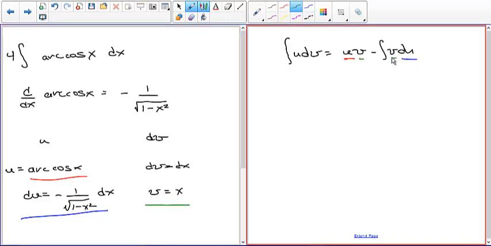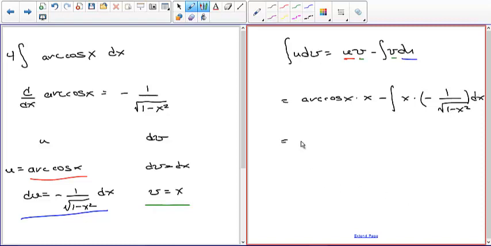So we just plug them in now. We get u, which is the arc cosine of x, times v, which is x, minus the integral of v, which is x, times du, which is negative 1 over the square root of 1 minus x squared, dx.